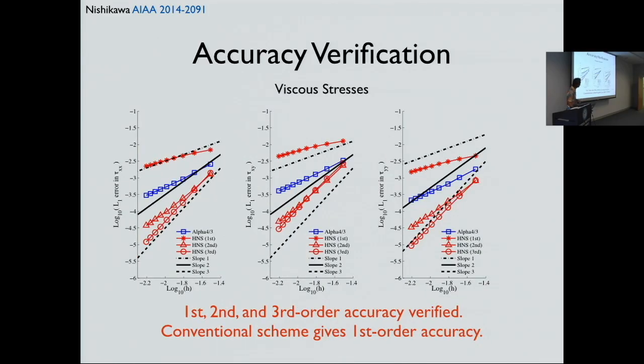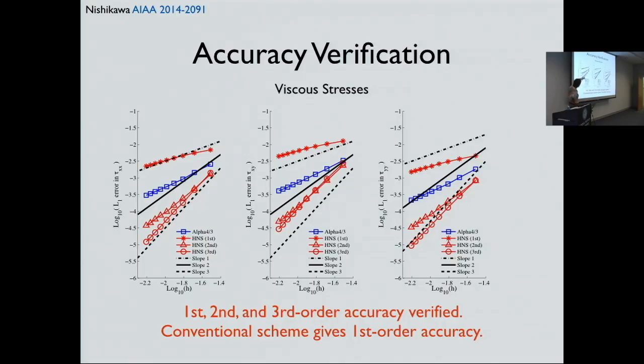The interesting part is these viscous stresses, the derivatives on those irregular meshes. The tau xx and tau xy and tau yy. These are velocity, basically the gradients, which is always typically one order lower for the conventional scheme. So you see this blue from conventional scheme is only first order accurate.